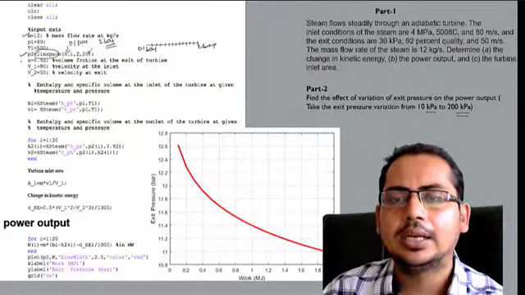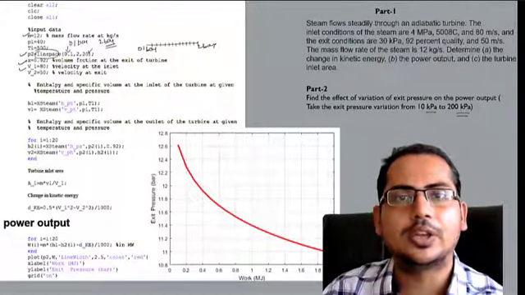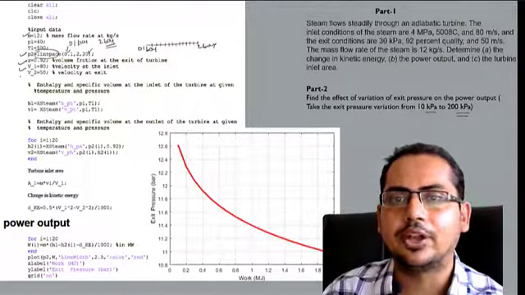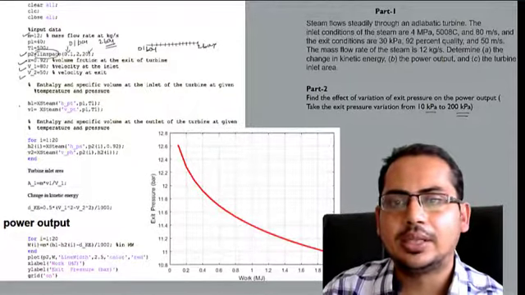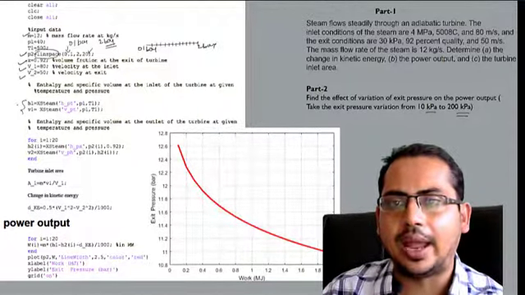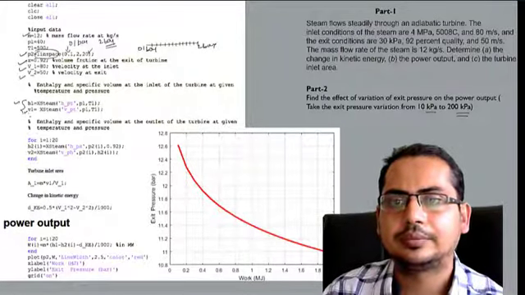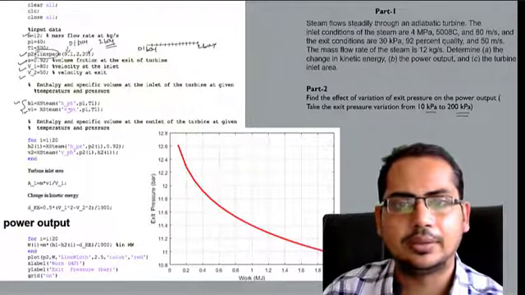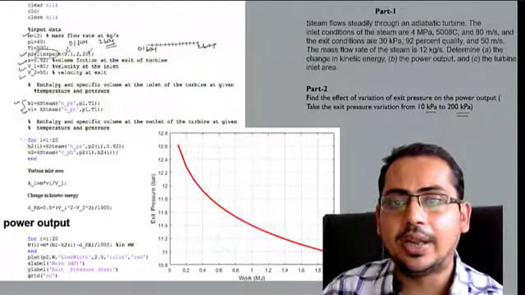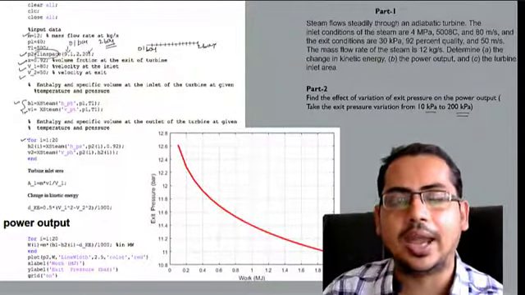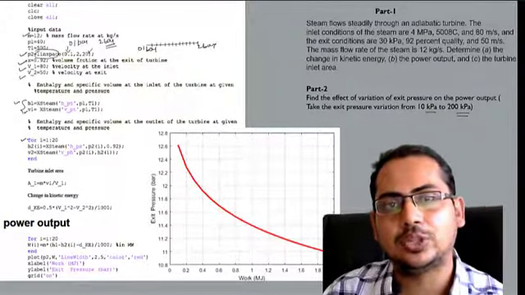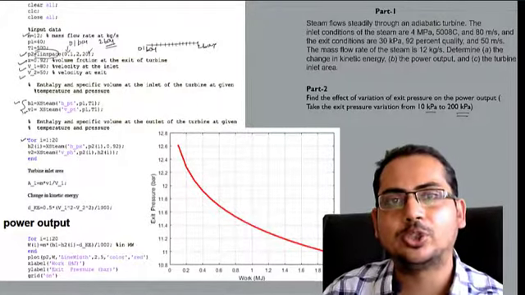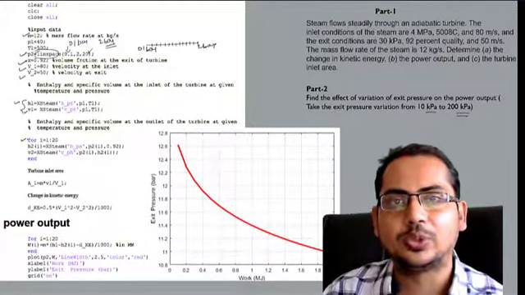This is the dryness fraction, similar to the previous question. This is the velocity at the inlet, this is the velocity at the outlet. Similarly, you can calculate H1 and V1. H1 and V1 are similar, but for H2, because the pressure is changing at the exit, H2 will also change, and you need to store all the values of H2.